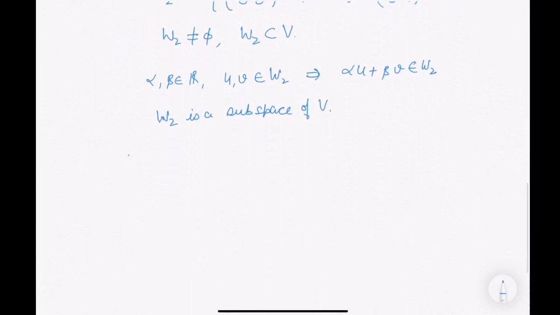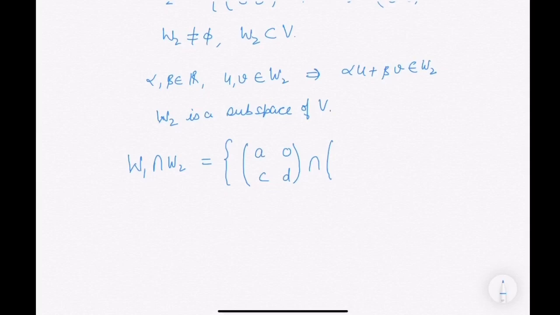Now let us see what is the meaning of saying W1 intersection W2. That is, W1 has an element of type A, 0, C and D, and this element of W2 is of type A1, B1, 0, 0.